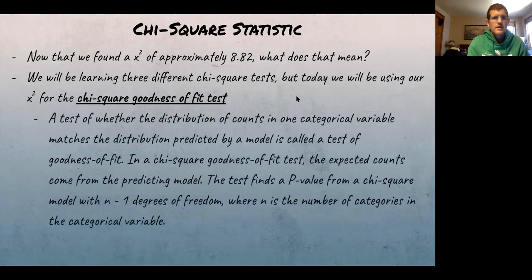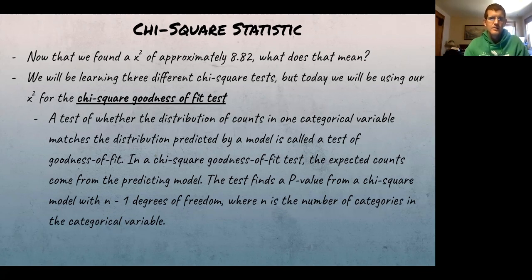This is the definition from the textbook, so it's actually a pretty good one. The chi-square goodness of fit test is a test of whether the distribution of counts in one categorical variable matches the distribution predicted by a model, and the expected counts will come from a predicting model. In our case, it was Binford's law.